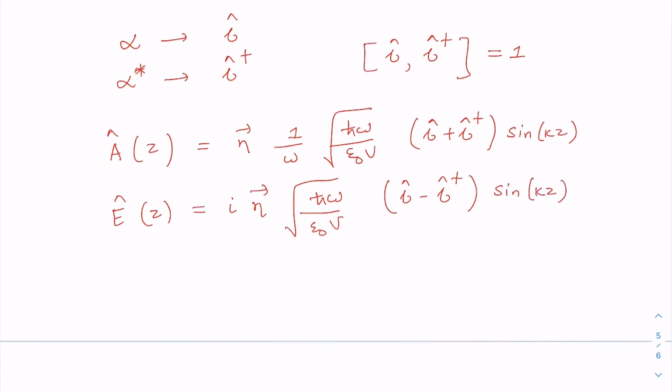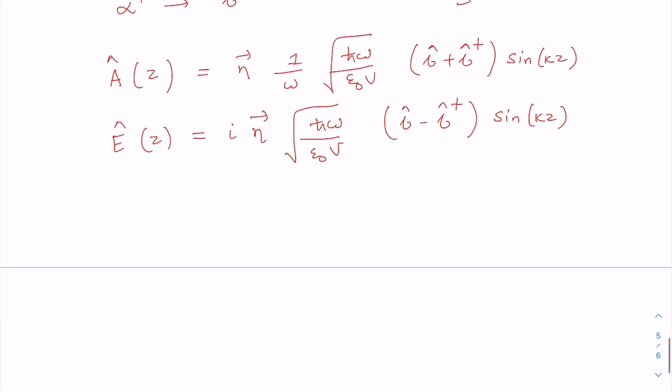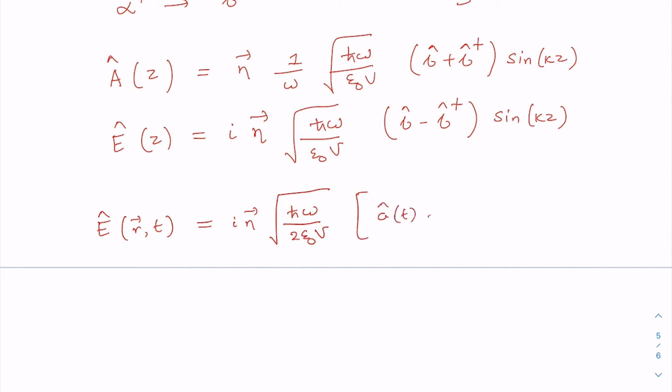Now you can compare the electric field expression that we obtained for the traveling EM wave in the last class. For the traveling EM wave, the electric field operator that we obtained in the last class is like this. It was the square root of h cross omega by twice epsilon 0 v, where V is the quantization volume, times a of t e to the power i k dot r minus a dagger e to the power minus i k dot r.